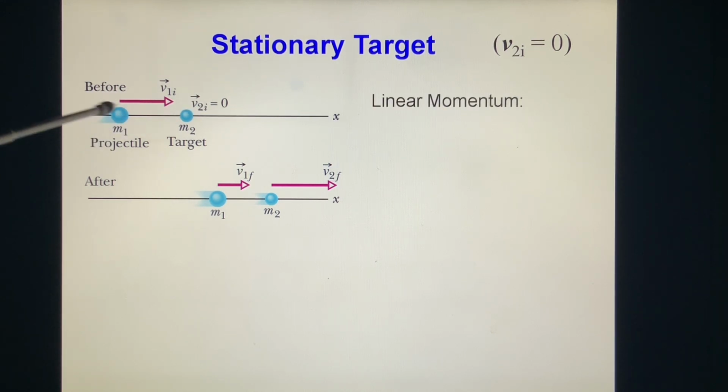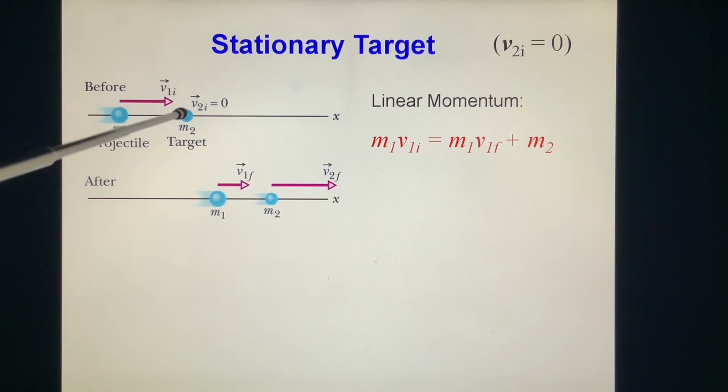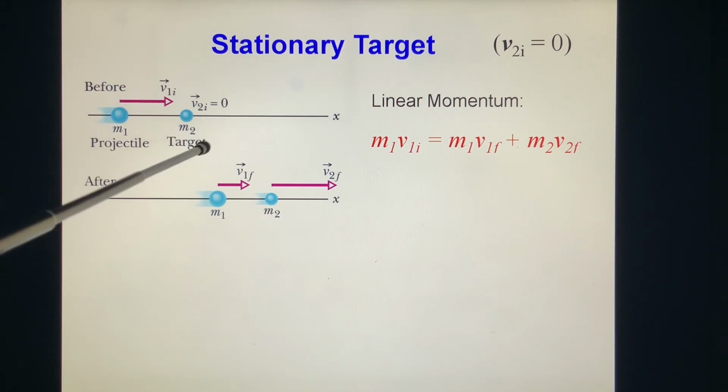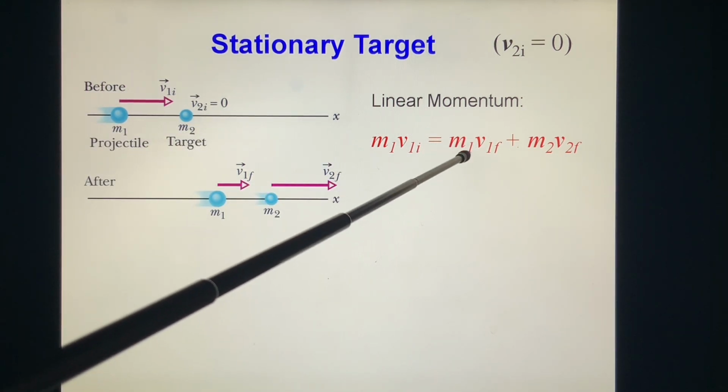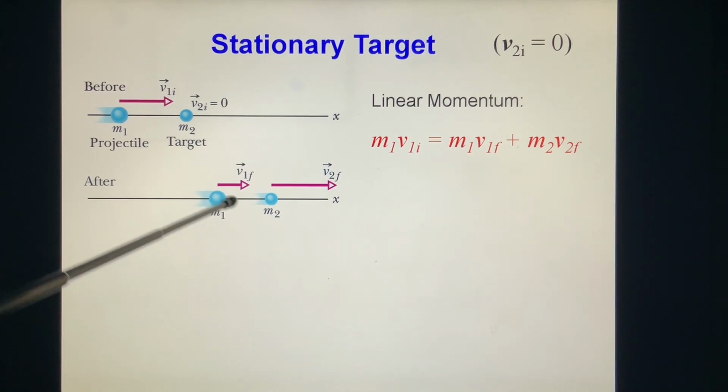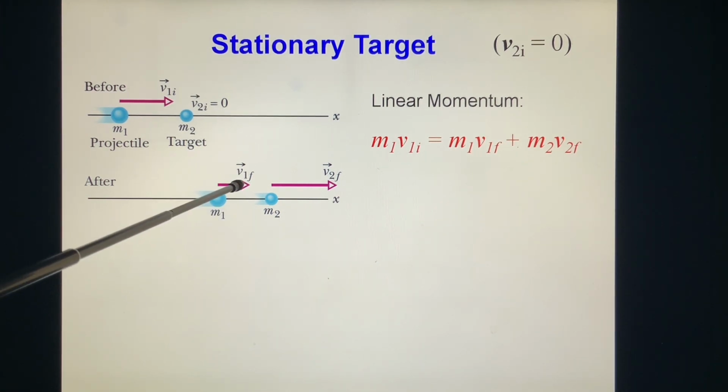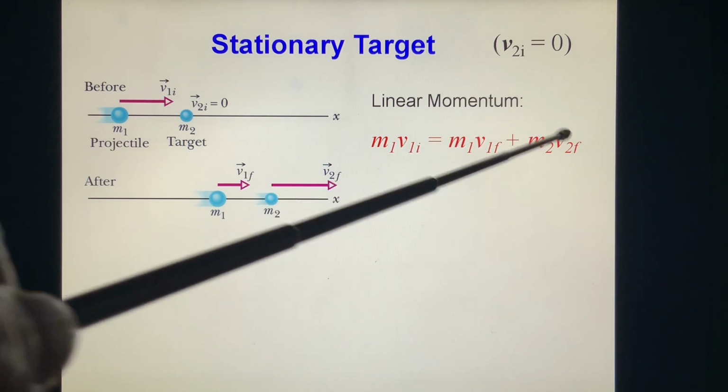So linear momentum before the collision is m1 v1i. This is 0. And linear momentum is conserved because this is an isolated, closed system, so it equals the linear momentum after collision, m1 v1 final plus m2 v2 final.